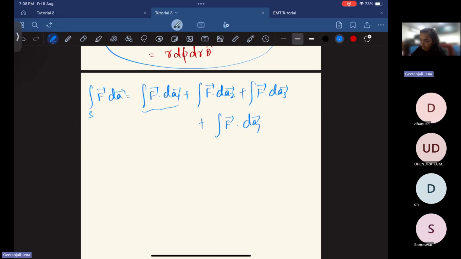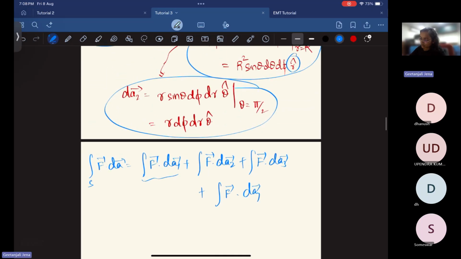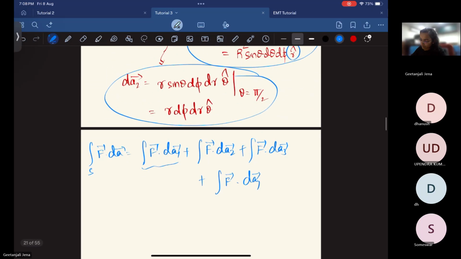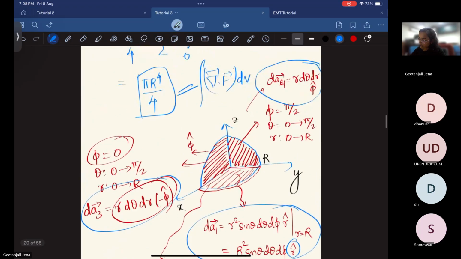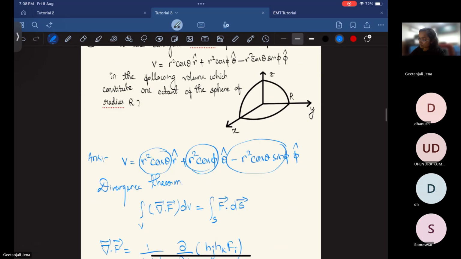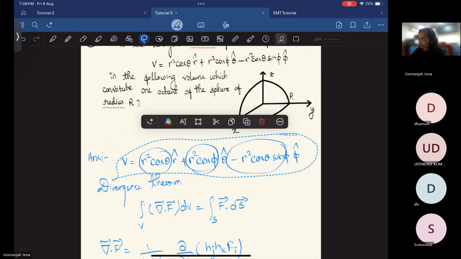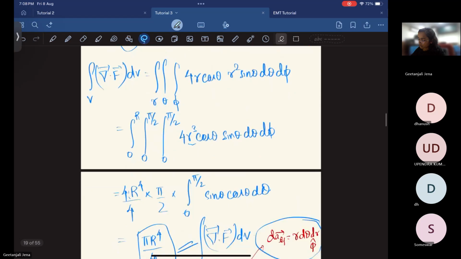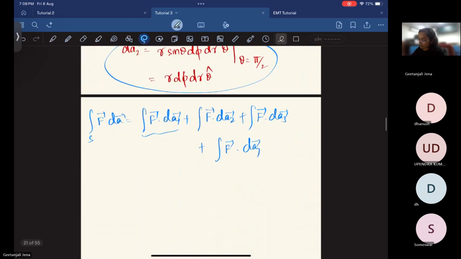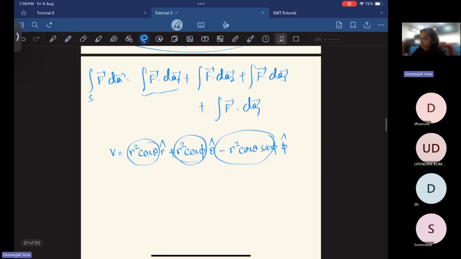Let us see this one first. For dA1, it is in the r cap direction.